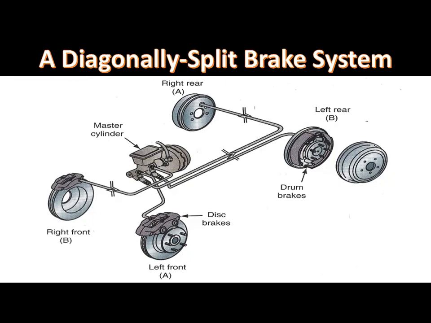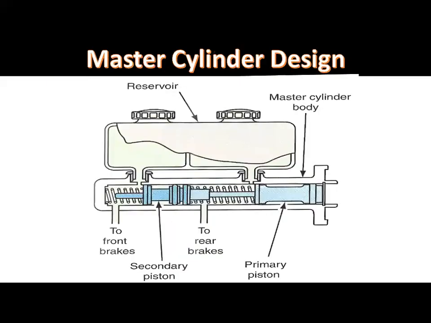Further movement of the secondary piston forces fluid from the secondary outlet to the wheel calipers or cylinders. When fluid is forced from both outlets, the brakes are applied on all four wheels.